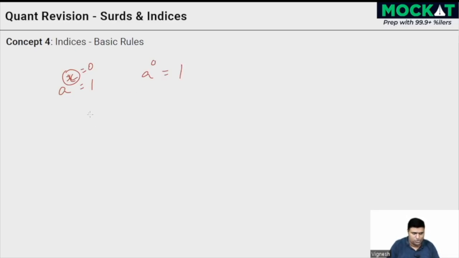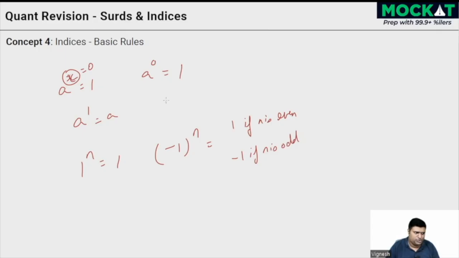That's the only way that's possible. a power 1 is a. 1 power anything is going to be 1. I think you know that. Minus 1 to the power of n equals 1 if n is even, and minus 1 if n is odd. I think you should know that as well.